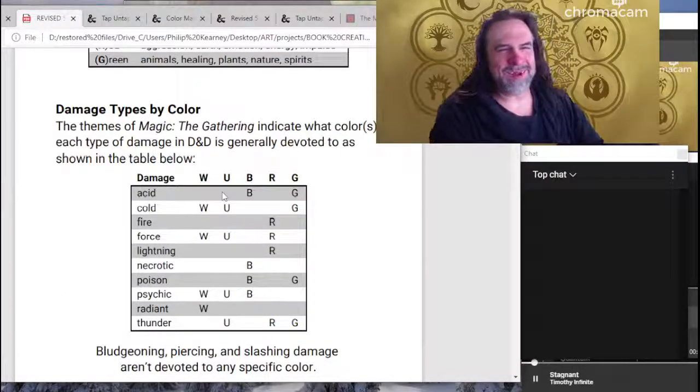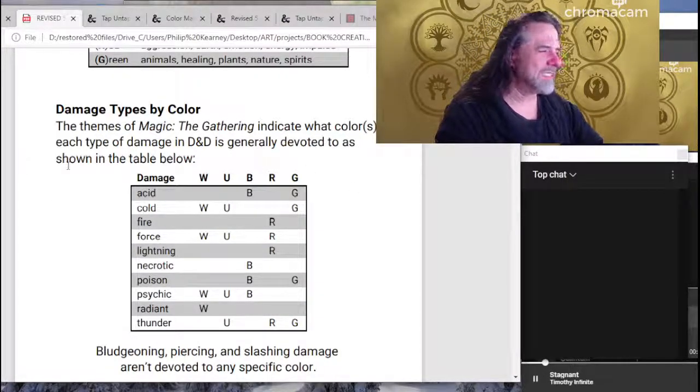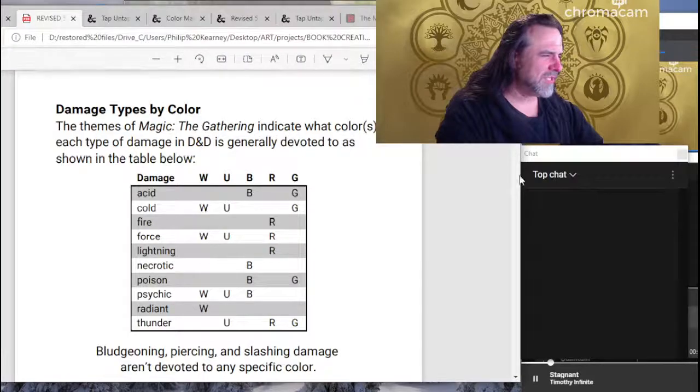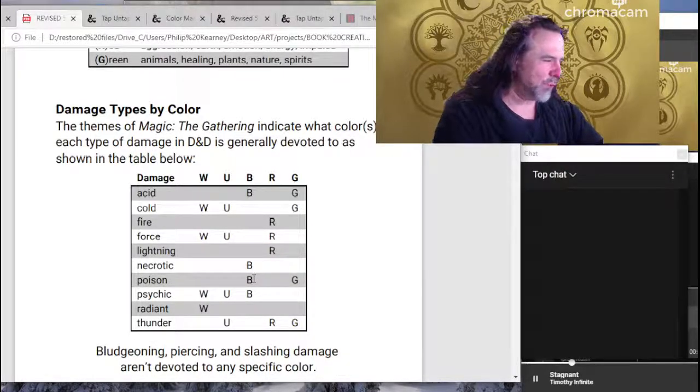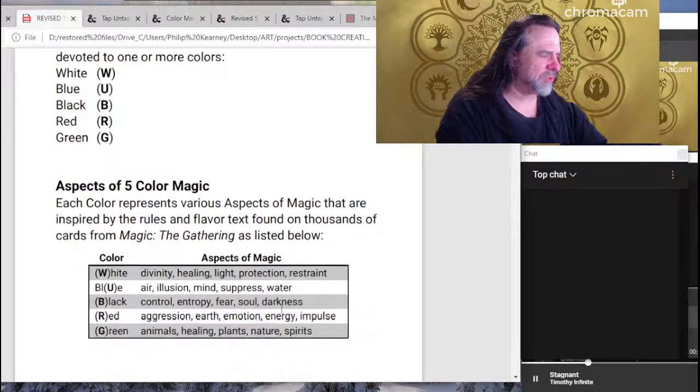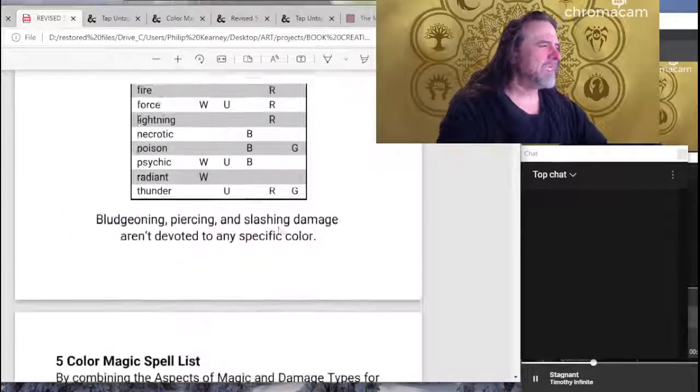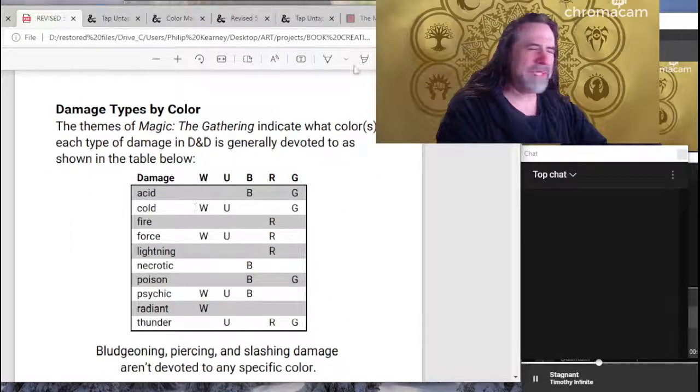I'm blanking on maybe some white wizards because this is just an improv conversation, so forgive my clumsiness. But blue is very wizardly. Black is very wizardly. You see a lot of necrotic. Poison makes a lot of sense. Poisoning with rogues are generally black and blue in Magic the Gathering. Psychic damage as being coercion, or mind control with restraint crops up here in white. So these different damage types resonate with these different colors.